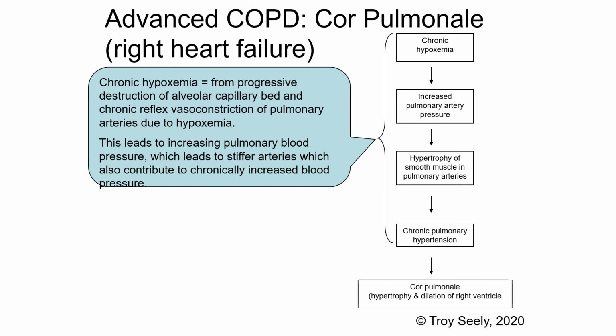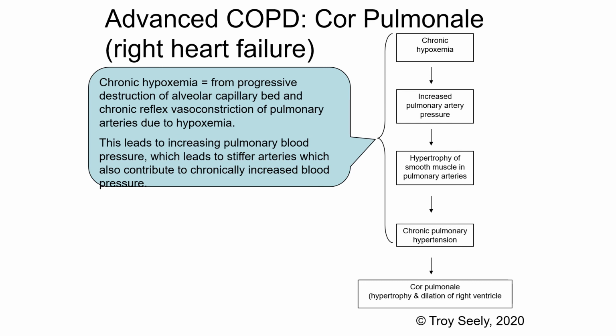Now, if it has to do a lot of this because of progressive destruction of the alveolar capillary beds, if that's getting more and more dominant, then this is going to lead to increasing pulmonary blood pressure. Usually you're going to have enough ways where your blood can flow, but if some areas are destroyed from an alveolar capillary bed perspective and you're shifting now blood into less and less available tubes, those tubes are now going to have an increased amount of pressure.